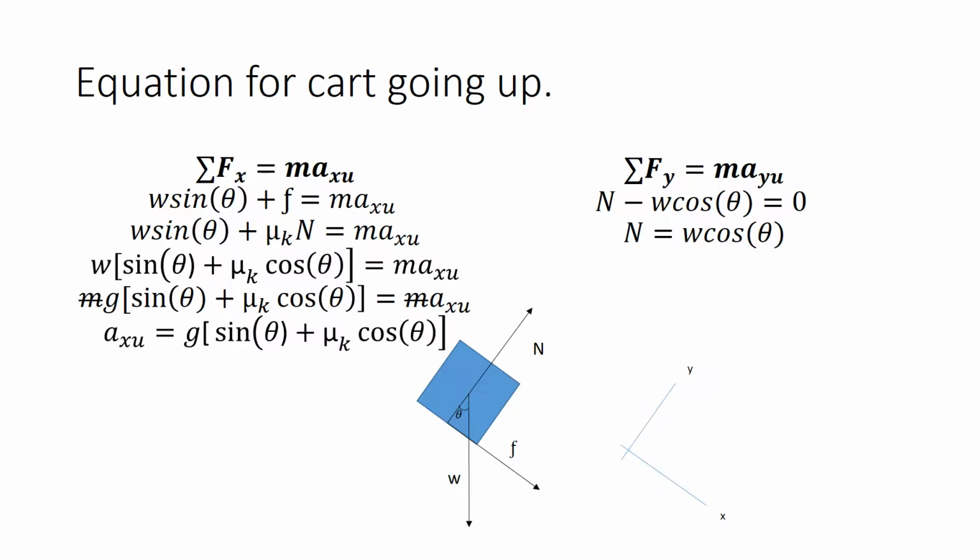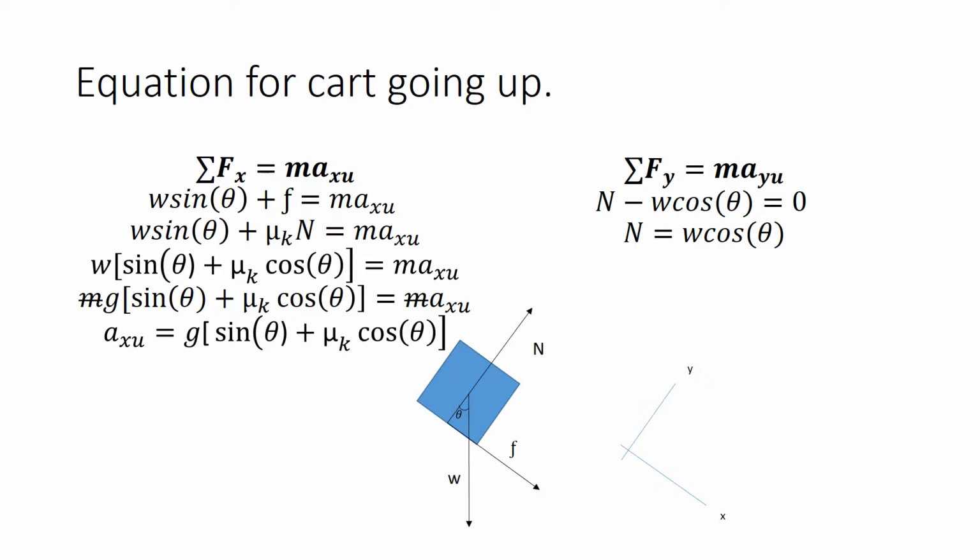We then again did the sum of the forces in the x direction equaling max in the up, which equaled w, or weight, sine theta plus force of friction, equaling mass times acceleration in the x direction up the ramp.